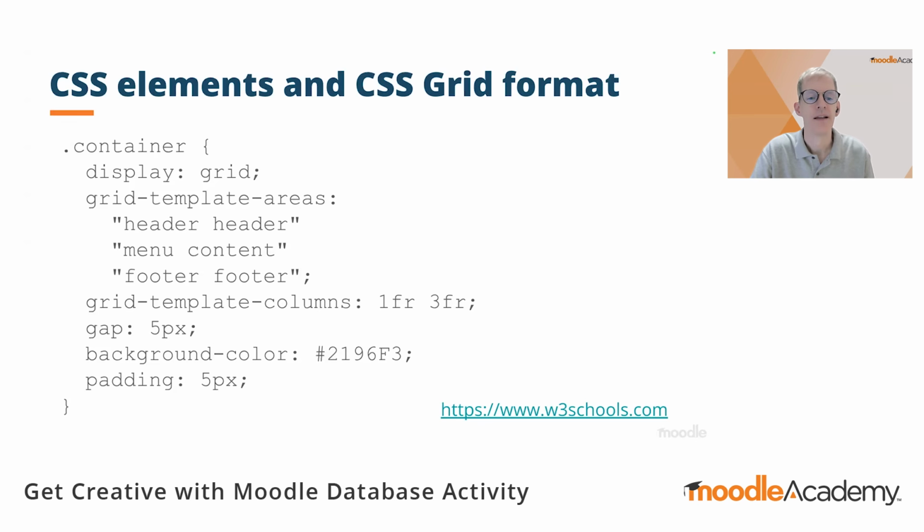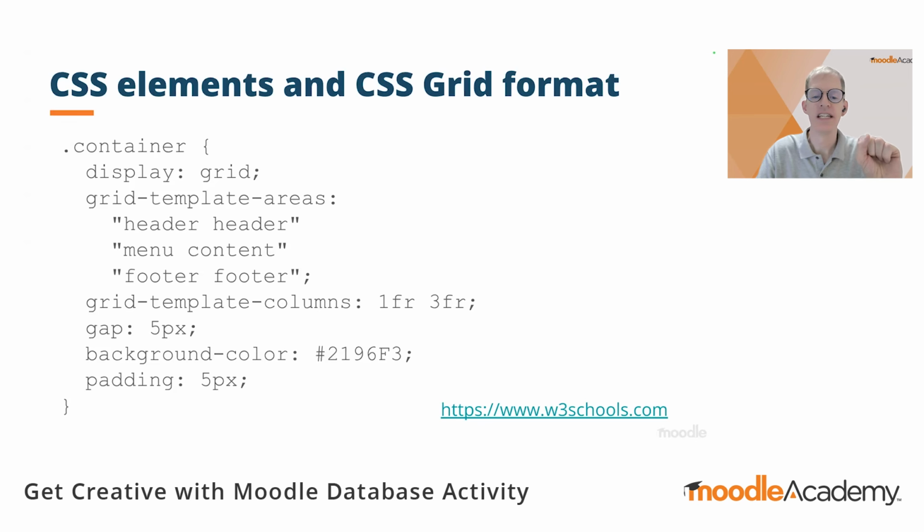Okay, let me back up a bit. CSS stands for Cascading Style Sheets, and it describes how HTML elements are to be displayed on the screen. CSS can save a lot of work by controlling the layout of multiple web pages all at once.